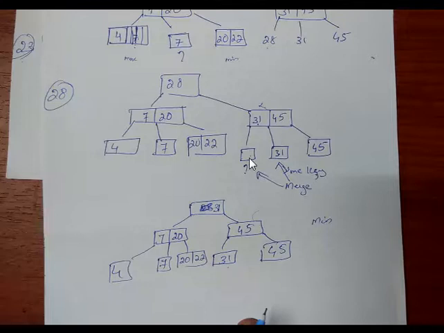Here the minimum value is 1, that's why it became empty. But consider the minimum value is 2, then the node contains some elements, so you have to merge that element, then 31 and the right sibling, and then we will get a new node. It has to be connected with the element 45.